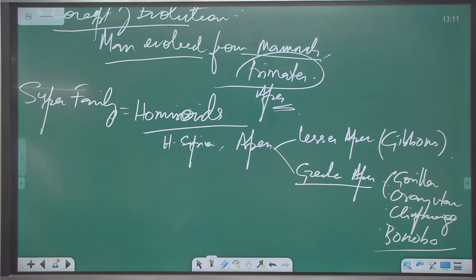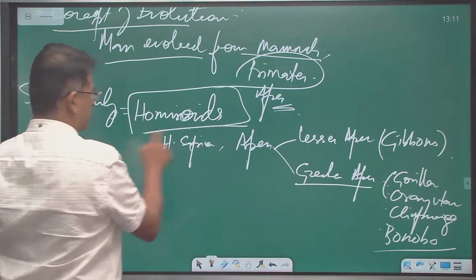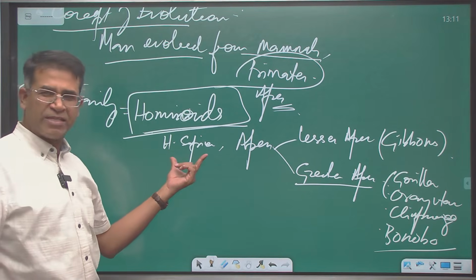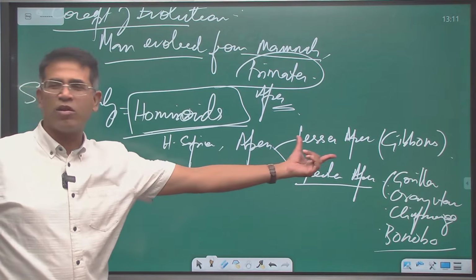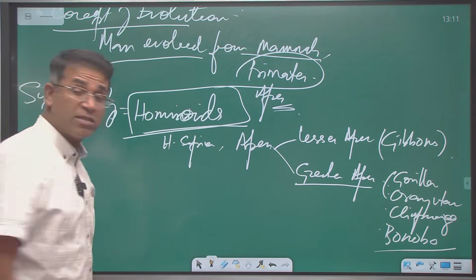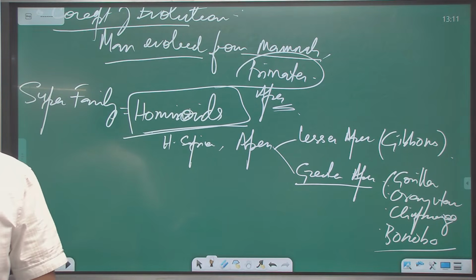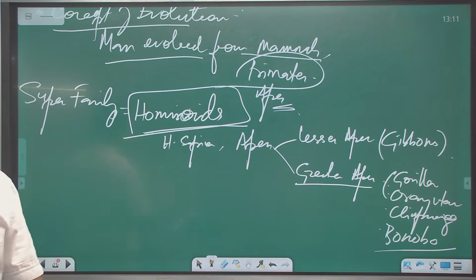We call those as greater apes. So this is a very big supergroup called as hominoids. Okay, that includes Homo sapiens sapiens, human beings, plus all of this. Yes. And size and how they evolved, उनका branching कैसे हुआ था, ठीक है?